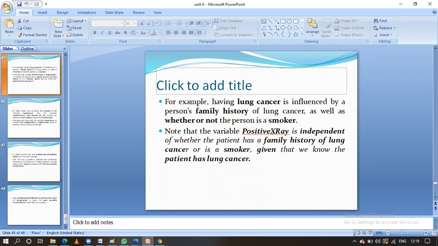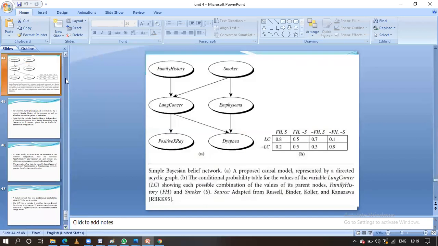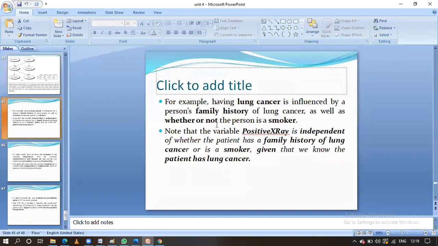And the positive X-ray rate is independent of family history of lung cancer as well as smoking habits. If you observe in the diagram, the positive X-ray rate depends only upon the lung cancer. It does not depend upon the smoking habits or family history. That is why there is no arc from family history to the positive X-ray, and from smoking to the positive X-ray.